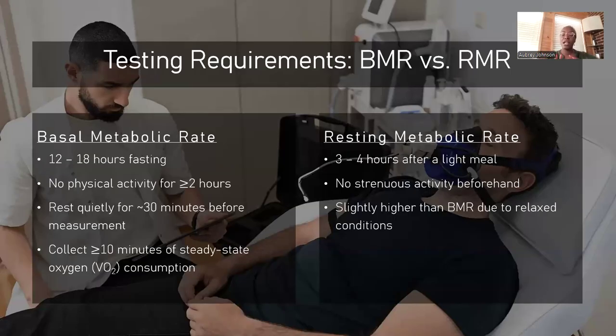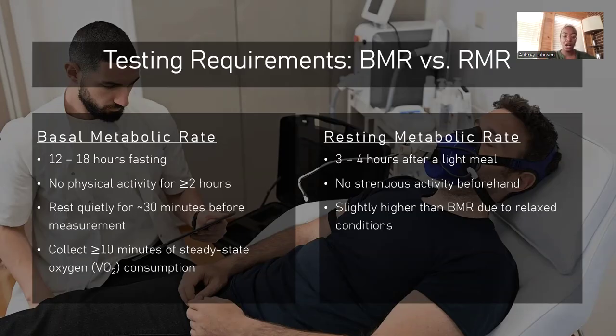So like I said, BMR, RMR, and resting energy expenditure are terms that are used interchangeably, but there are some slight differences between basal metabolic rate and resting metabolic rate in regards to how they are tested. So, a basal metabolic rate test is conducted 12 to 18 hours after fasting.